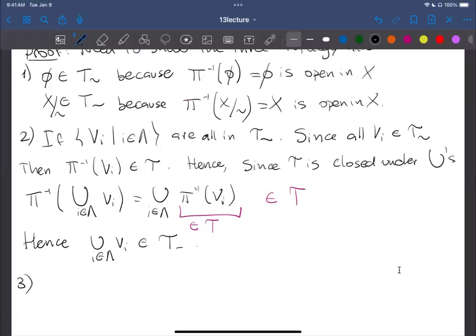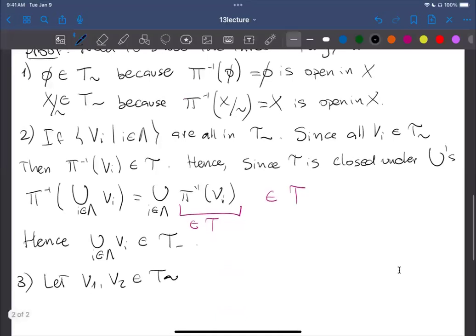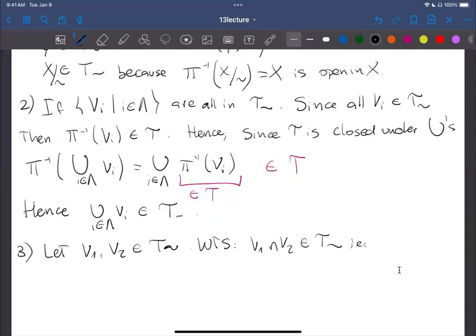Third one, let's take V1 and V2 in T tilde, only two of those. And I want to show their intersection lives in T tilde. And this means the preimage of the intersection lives in T. That's the definition of T tilde.